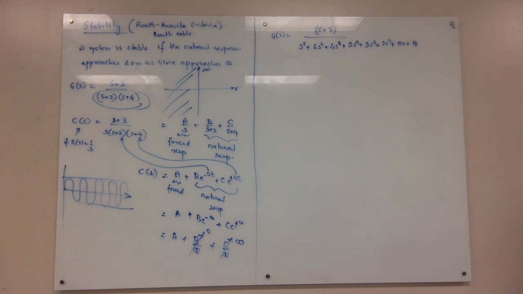Do you need the roots or do you need the poles? Poles, not zeros. Poles, the roots of the denominator. And then what would you do with the roots of the denominator? You find if they're on the left or right side. Exactly. That's all you need to do.